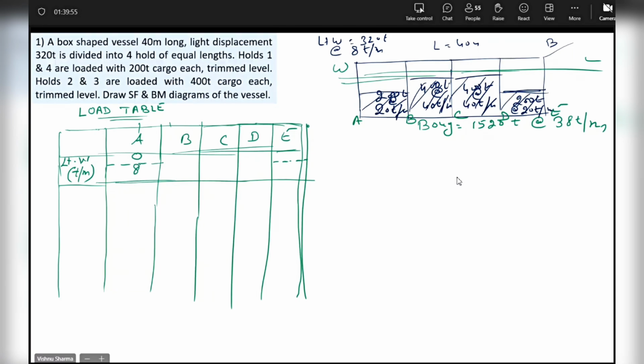At B, C, and D, it is 8 tons per meter. Just to the left of E, it is 8 tons per meter. Just to the right of E, it becomes 0. Guys, any question on the first row that we have filled up? Light displacement in tons per meter. Is that clear?